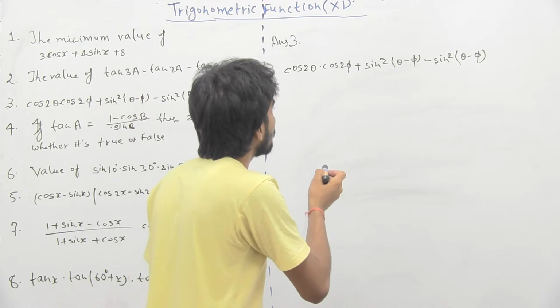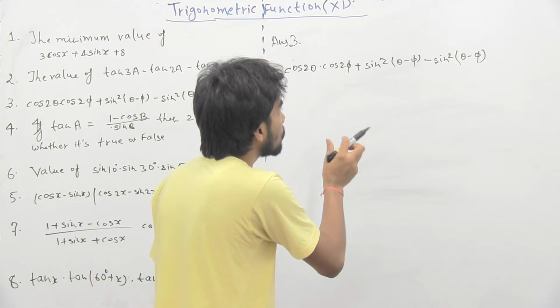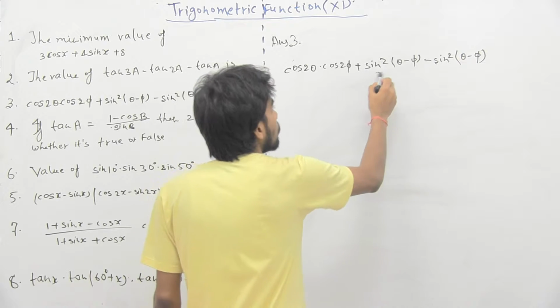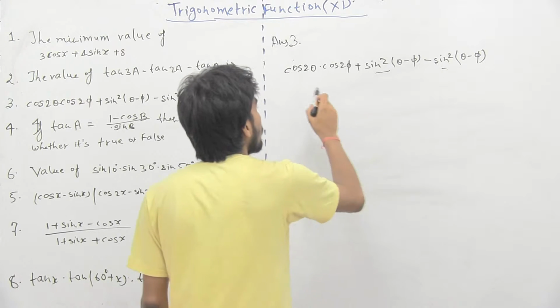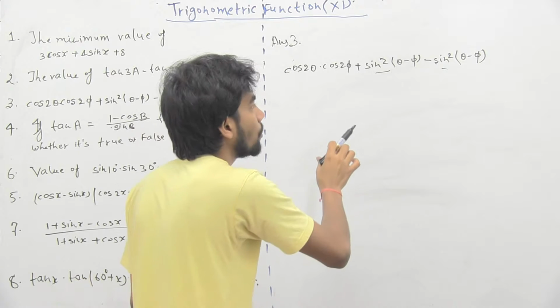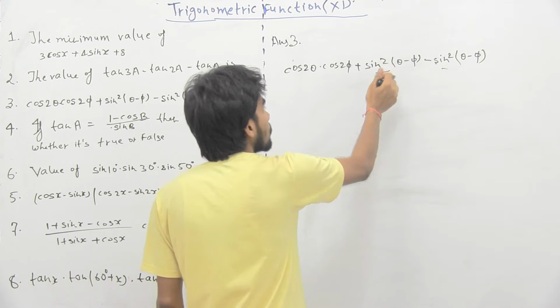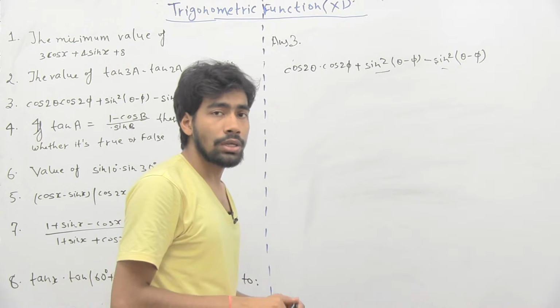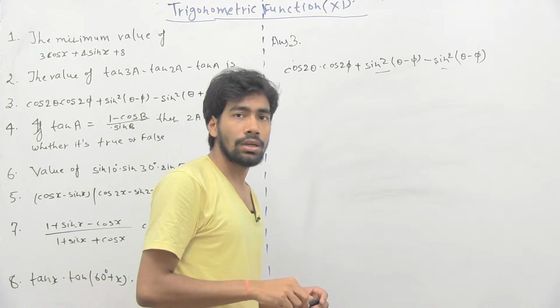Since we can see that here there are two terms in sin square form and one are 2 theta and 2 phi form. Can we change this in cos theta? We know that sin square theta equal to 1 minus cos 2 theta divided by 2.